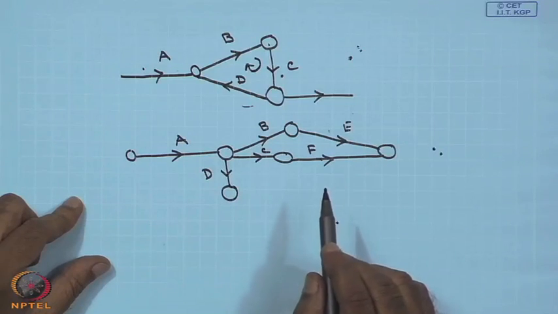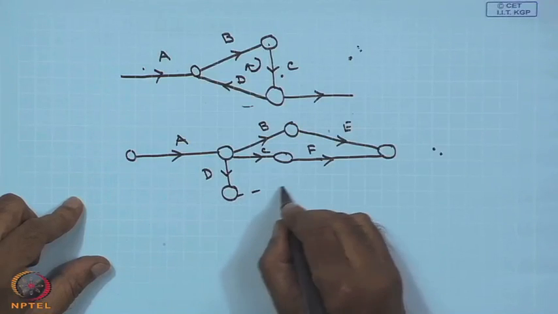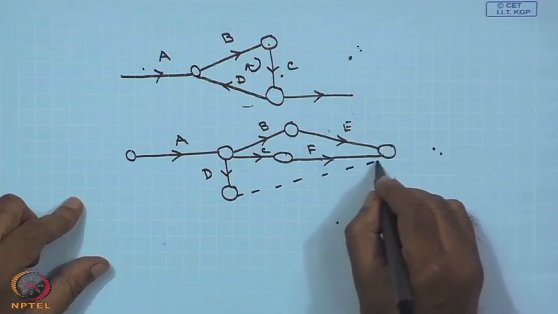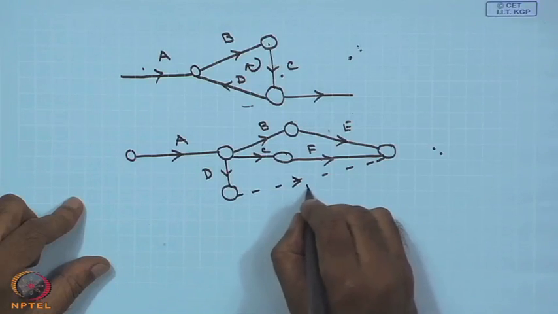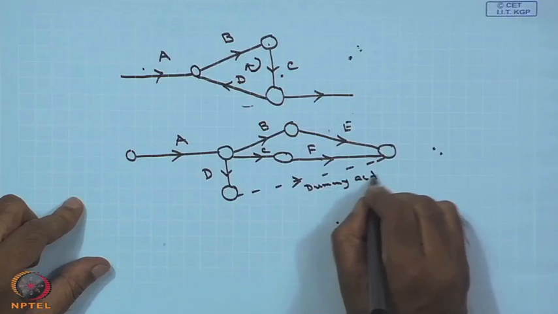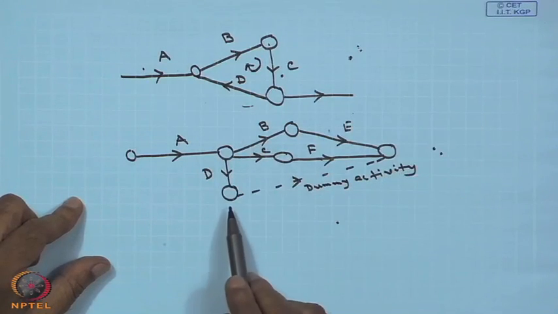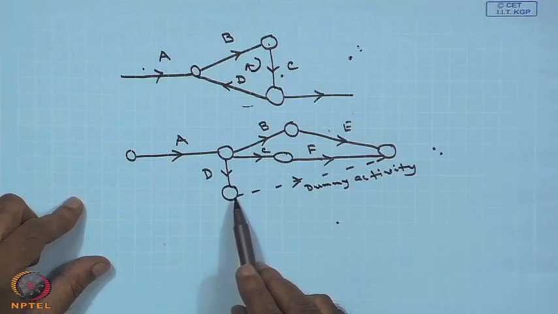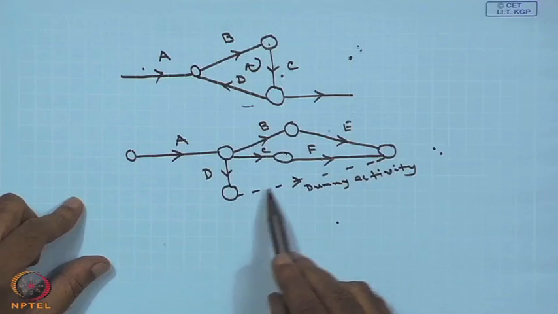Dangling can be avoided using a dummy activity. You can just add one dummy activity and connect it like this. So, this one we call the dummy activity. Whenever there is a node which has no successor, and neither is it connected with the end node, we can connect it using the dummy activity.